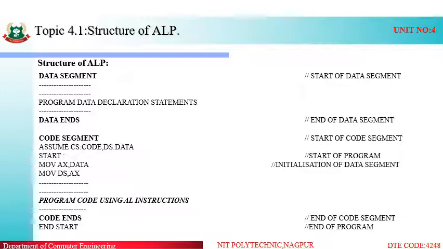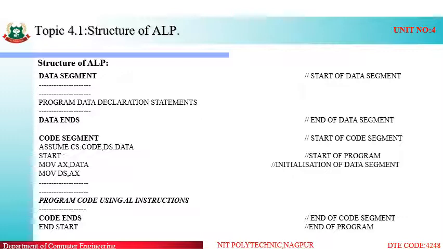So the start of the program will include first the data segment definition, and next there will be the code segment definition. In 99% of the programs we will study, we have to follow the same format. First we will write the data segment.